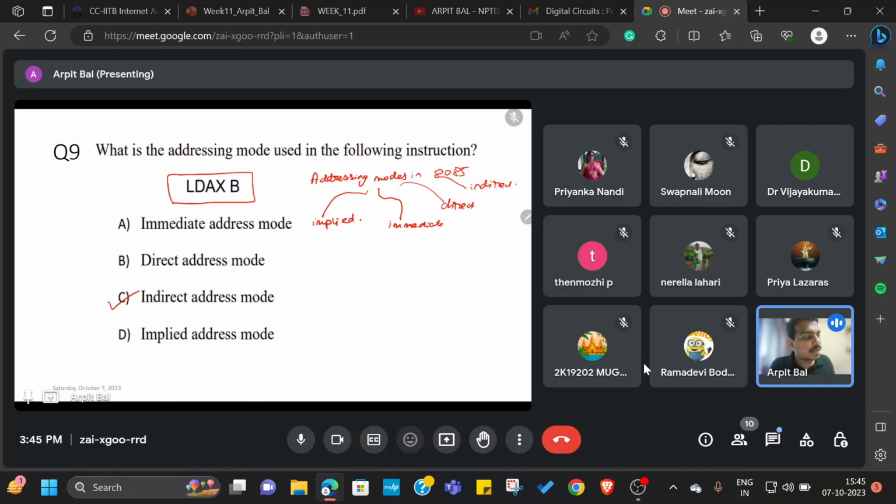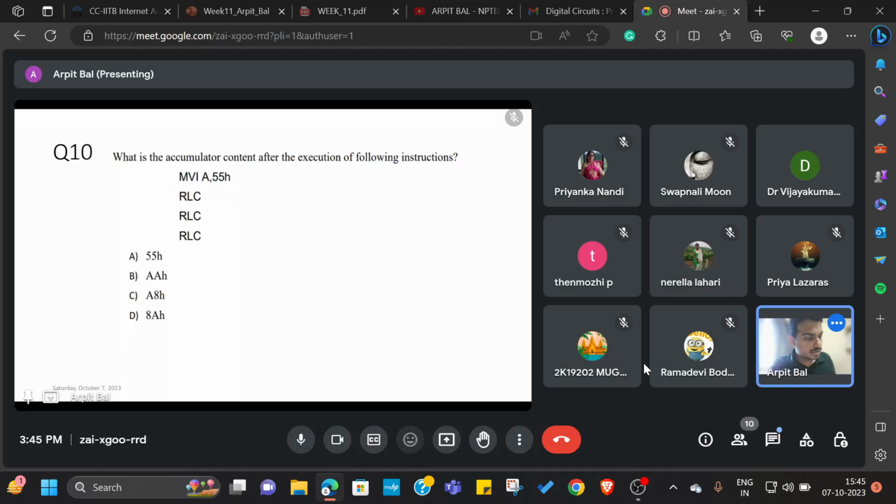Instead of directly mentioning the memory here, the content that is present in the address indicated by the BC pair is going to be loaded. So that's why it is an indirect approach, and that is why it is the indirect addressing mode. Had it been LDA 4000 or something, that's a direct addressing mode, because 4000 is directly going to get loaded. Moving to the next question.